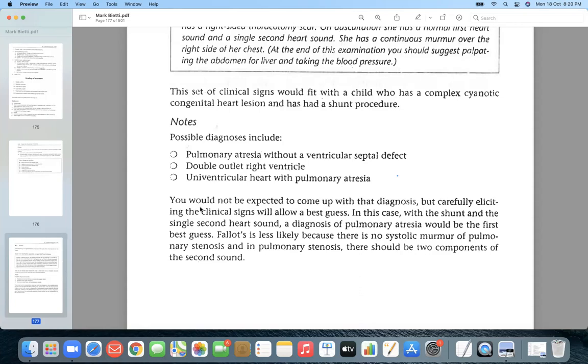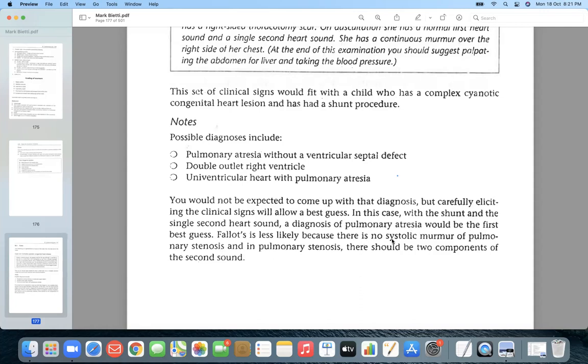You would not be expected to come up with the diagnosis, but carefully elicited clinical signs will allow a best guess. In this case, with the shunt and the single second heart sound, a diagnosis of pulmonary atresia would be the first best guess.